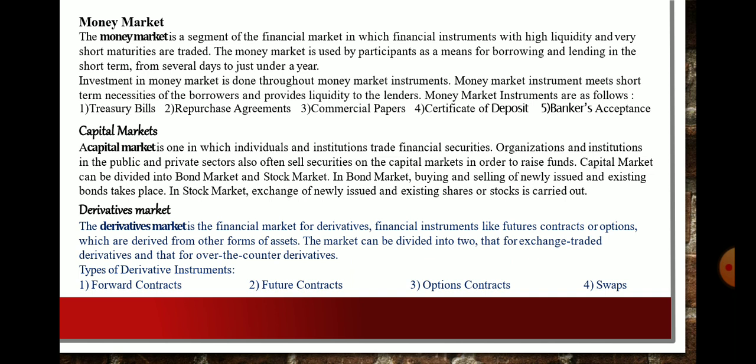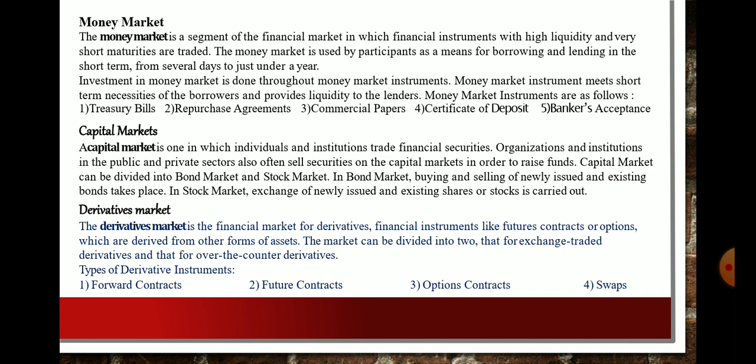Another thing is the capital market. We have already studied that the capital market is for a longer period of time and has a lock-in period. So here the maturity is after a longer period of time, and here there is no liquidity. The capital market is one in which individuals and institutions trade financial securities.